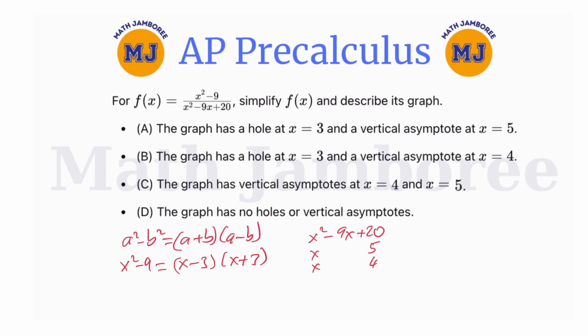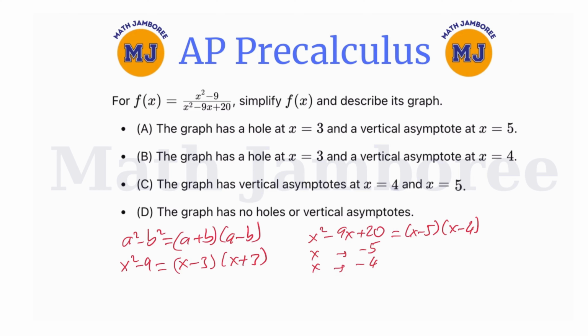When you multiply 5 and 4, you get 20, but when you add them, you're supposed to get negative 9. Because of that, these both will be negative. And this can be factored as x minus 5 times x minus 4, because the roots of the quadratic equation are x equals 5 and x equals 4.